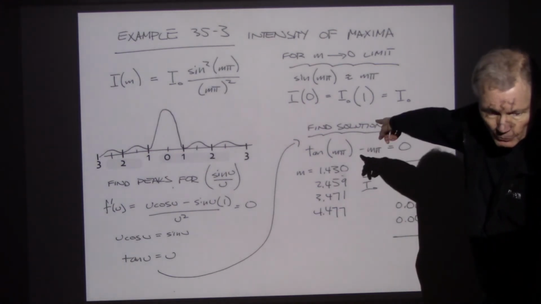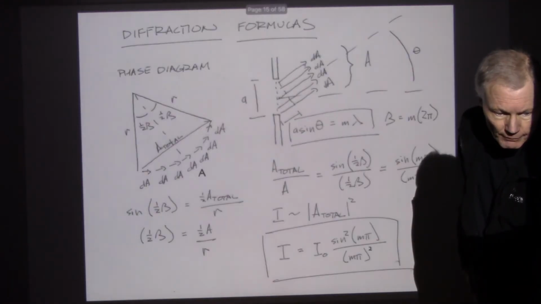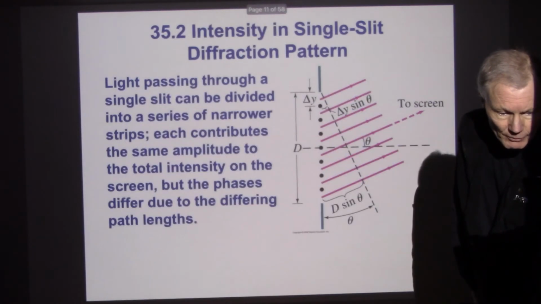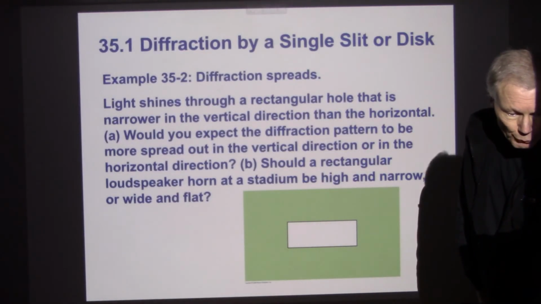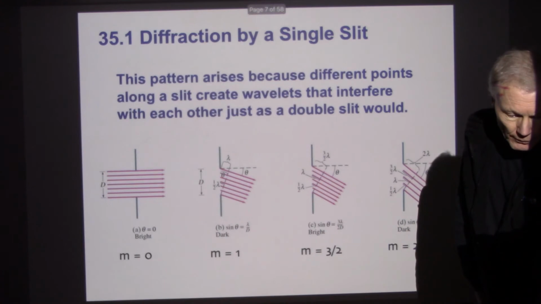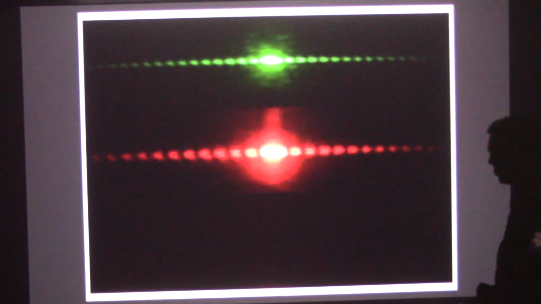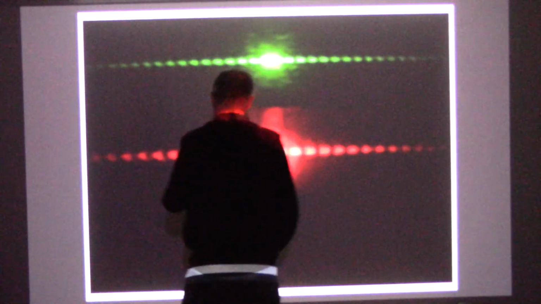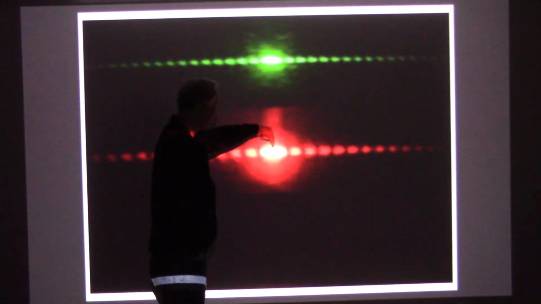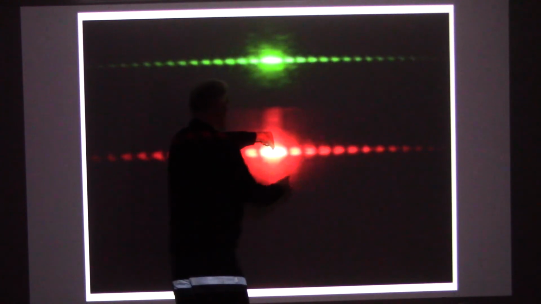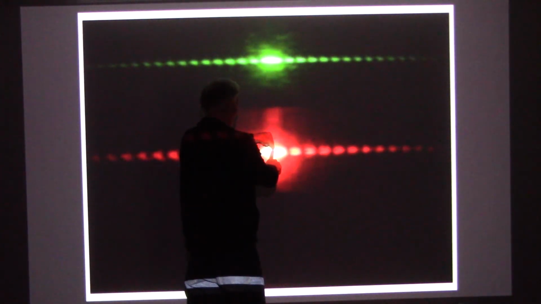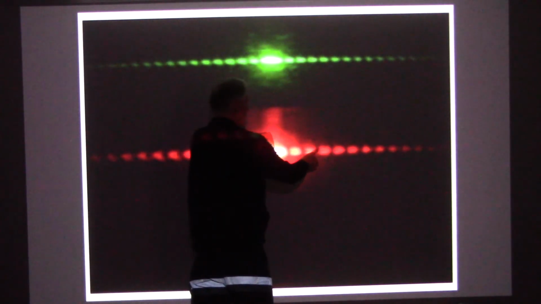So again, those numbers that we just came up with, if I go back to this single slit diffraction example that we looked at way back here, once we've got our intensity formulas, it's predicting how bright is it here, or how bright is it here compared with here?